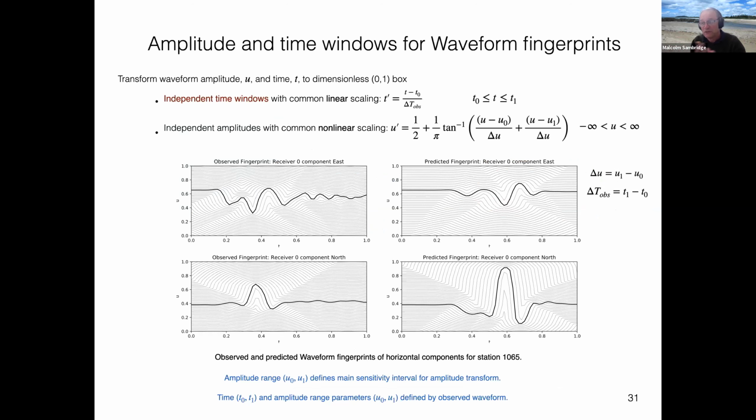Predicted amplitudes will change as we change our source or as we change Earth model parameters. And to make sure we always capture it, I've mapped plus or minus infinity in amplitude to a finite amplitude using the transformation you see. So I've transformed it to give me a nice finite box. And if you do that, again, you can use analytical derivatives through that process. We can compare our fingerprint of the observed and the calculated, and away we go. We try and minimize the Wasserstein.